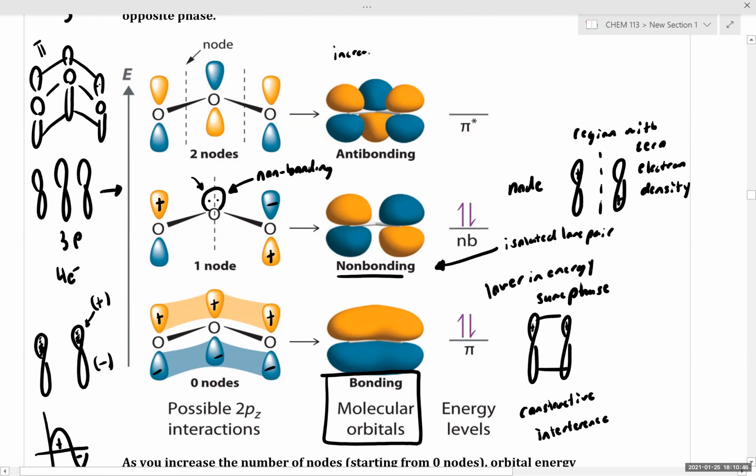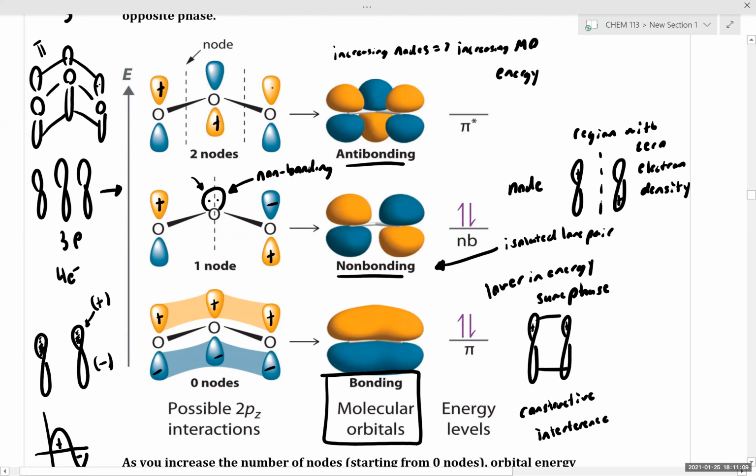So increasing nodes leads to increasing molecular orbital energy. The final type of molecular orbital that we'll see is antibonding molecular orbitals.